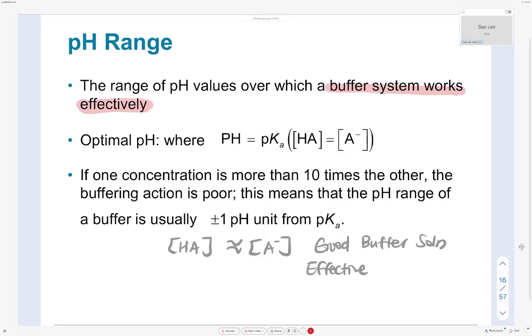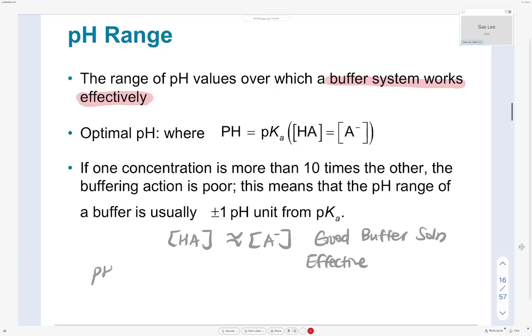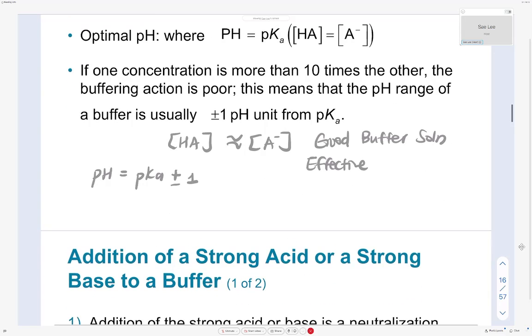Therefore the pH range of a buffer solution is going to be pH equals pKa plus or minus 1. You want to keep this ratio close to 1. Again, this is according to the Henderson-Hasselbalch equation.